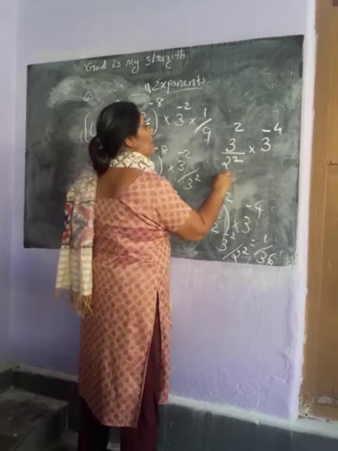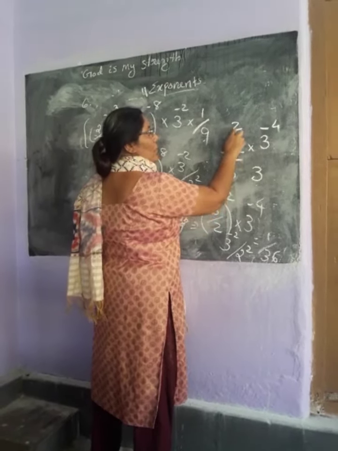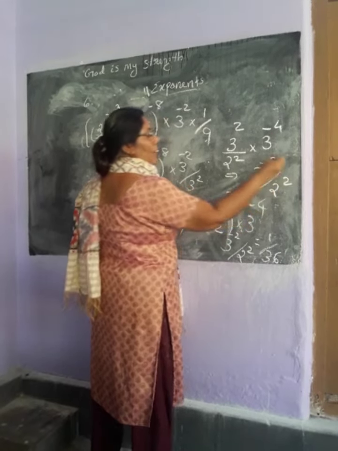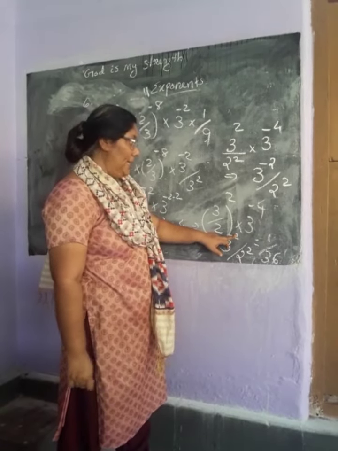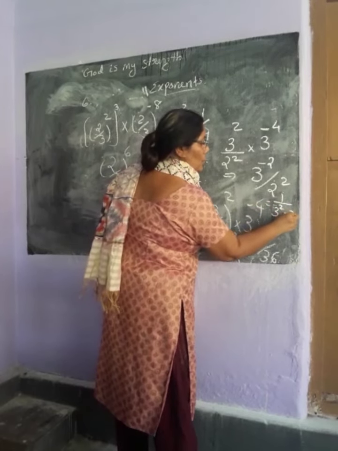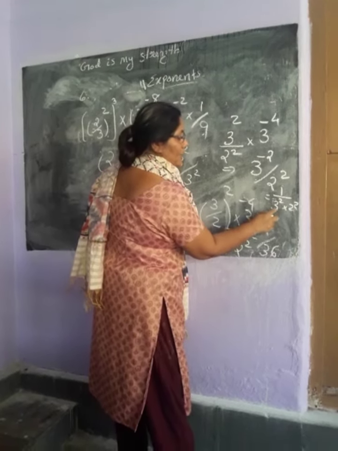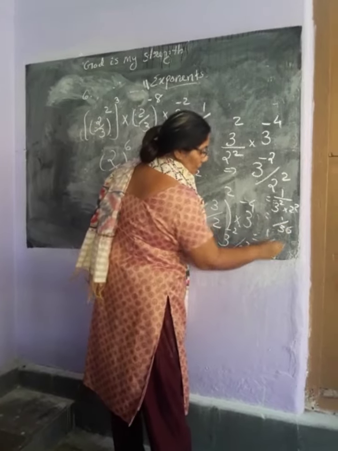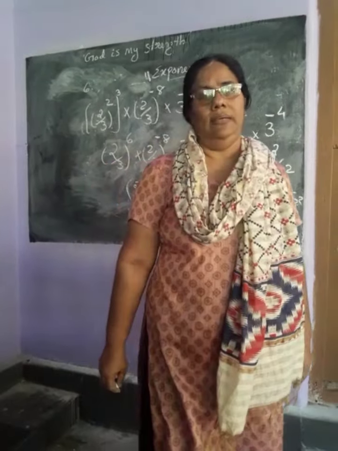That is 3 square. a raised to m into a raised to n is 3 square into 3 raised to minus 4, is 3 raised to minus 2 by 2 square. 3 raised to minus 2 means 1 by 3 square into 2 square. What is 1 by 3 square? 9. 1 by 2 square, 4. Therefore, the final answer is 1 by 36.